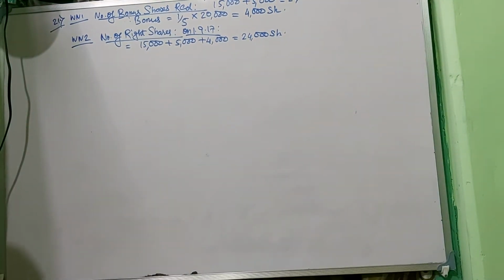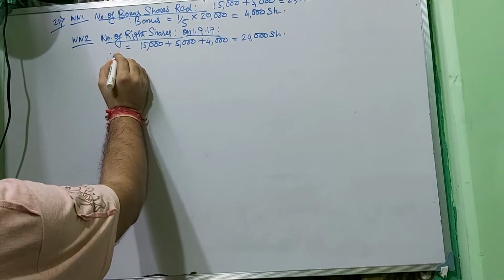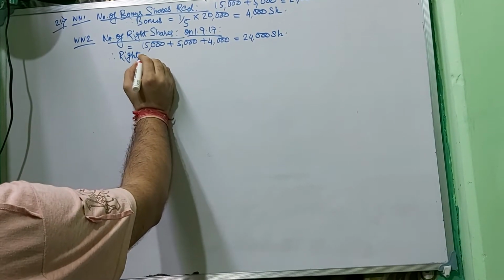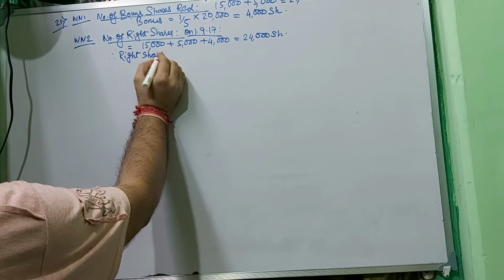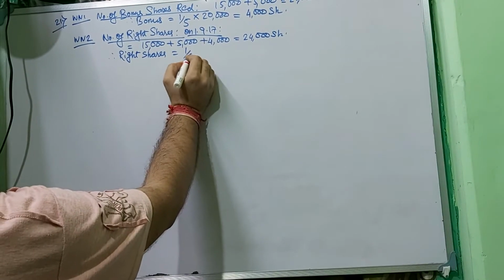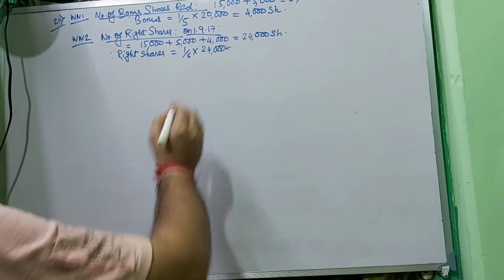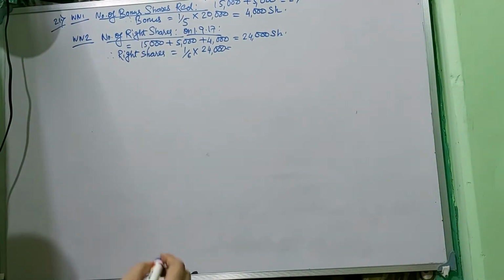And right has been declared 1 share for every 6 shares held. Therefore, right shares is equal to 1/6 into 24,000. Again, it is coming 4,000 shares.